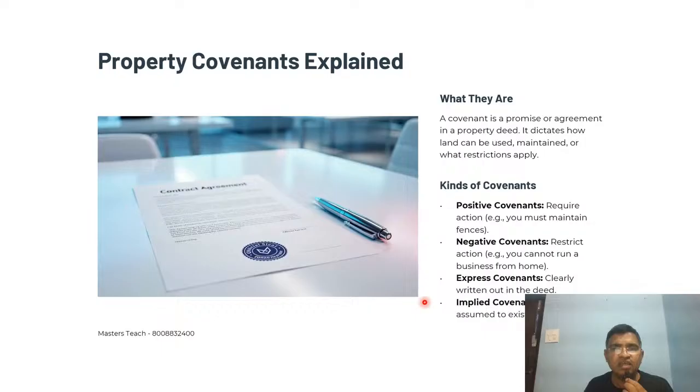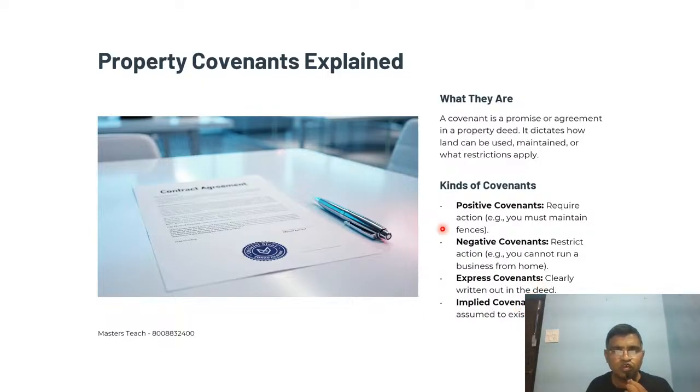Okay, property covenants, let me explain what they are. A covenant is a promise or agreement in a property deed. It dictates how land can be used, maintained, or what restrictions apply. The key covenants are positive covenants, negative covenants, express covenants, and implied covenants.